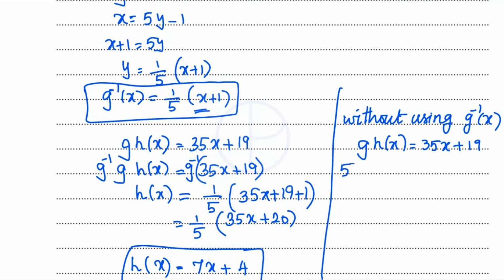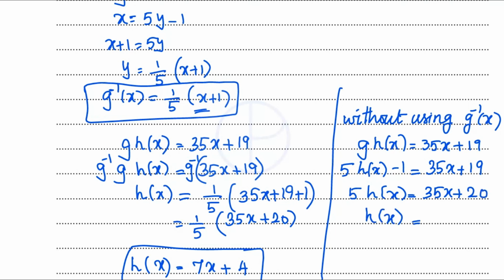For x, we have to substitute h of x. This is equal to 35x plus 19. Now make 5h of x the subject by adding 1 on both sides. So we get 35x plus 20. Now divide both sides by 5. We get h of x equal to 7x plus 4.